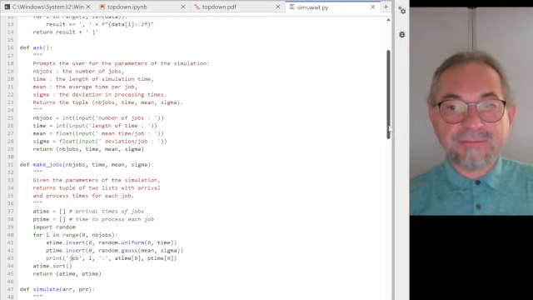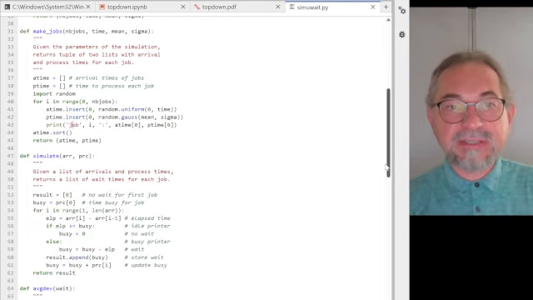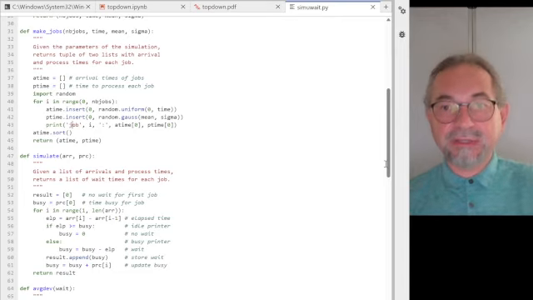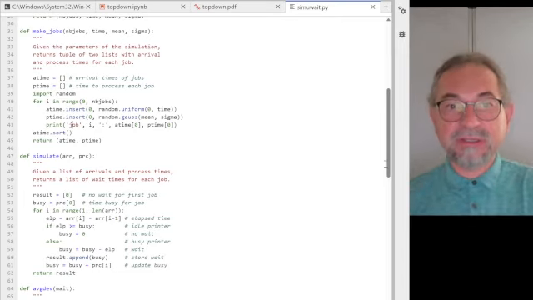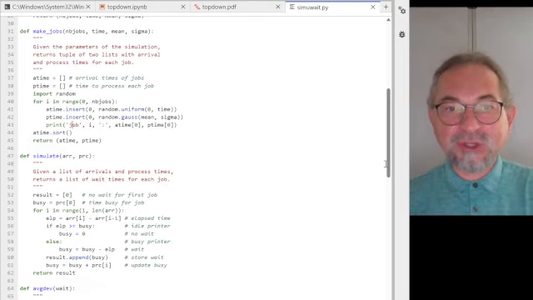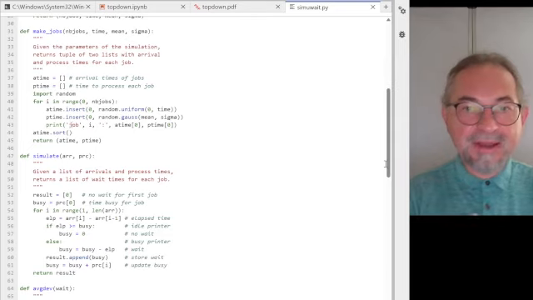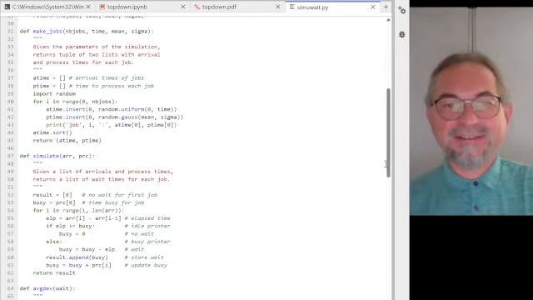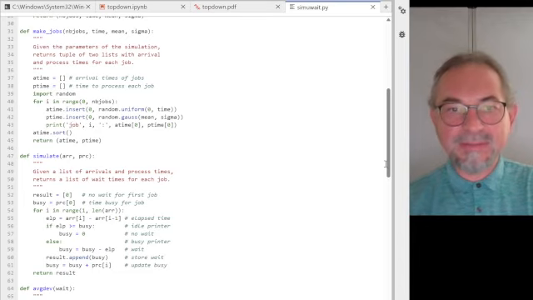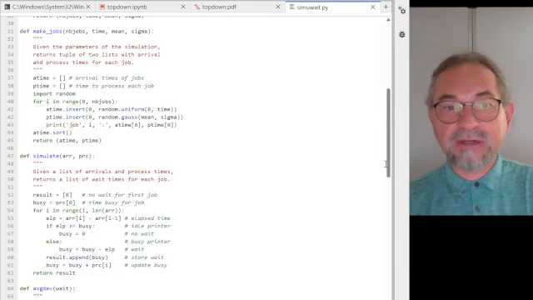Okay, in the making of the jobs, that's actually the setup. In the Jupyter notebook, I did it with the list comprehension. Here I'm doing this with the insert. So I'm inserting each time at the front, so I'm actually using stacks, not really the append. But I'm going to sort everything anyway, and I'm sorting the arrival times.